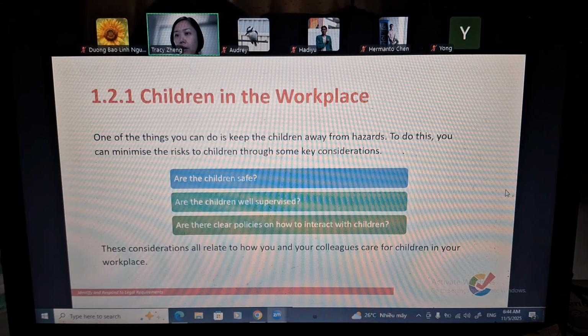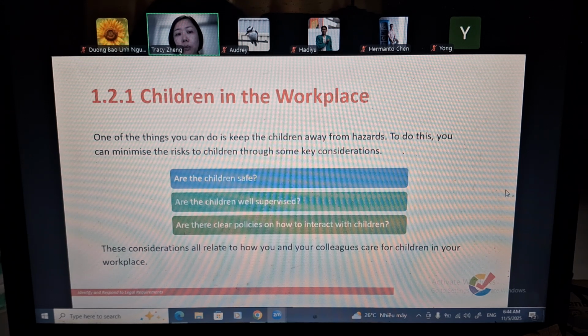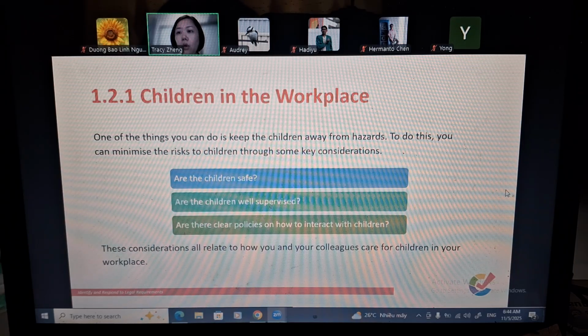Some facilities or organizations do welcome their staff bringing kids into the workplace. If that is the case, they would definitely have a clear policy to make sure the kids are safe. So if your organization has something like this, please read through all of that information and make sure you know what to do.